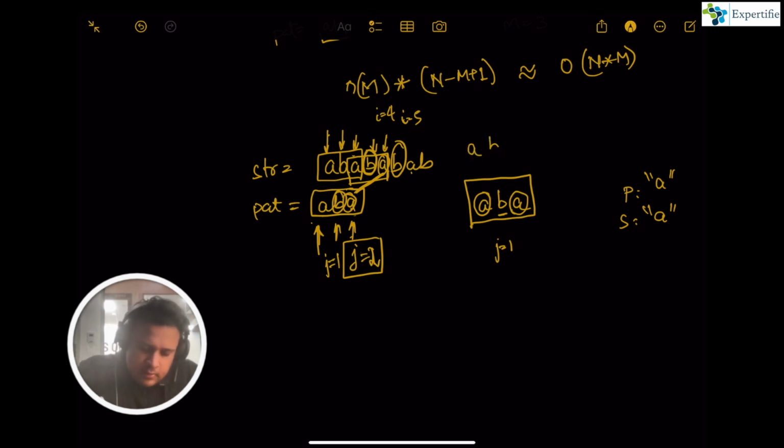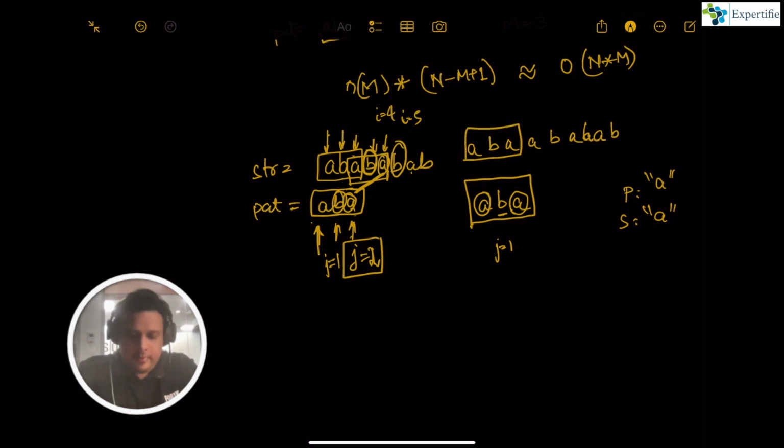That simply means that when you match ABA, then of course each character is matched. But because prefix and suffix are the same, listen to this carefully, it is obvious that the prefix matched the prefix of this and the suffix matched the suffix of this because it was an exact match. But it also means that the suffix matched the prefix here also, right? This A also matches this A, which also matches this A.